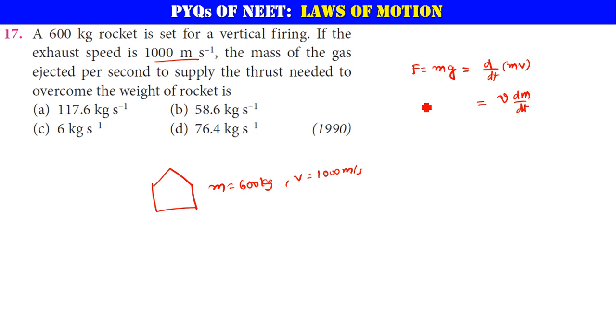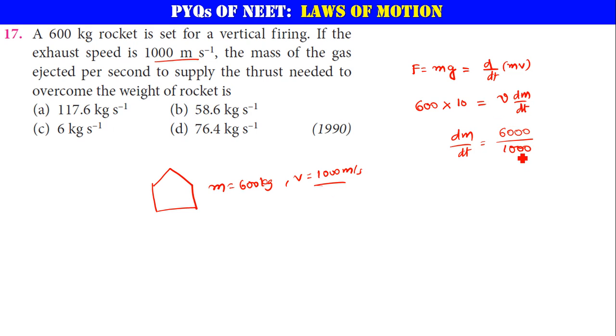Mass is 600 kg. The g value, let us take it as 10. Now he is asking about dm by dt, the mass of the gas ejected per second. So dm by dt is equal to 600 into 10, 6000, divided by the velocity, which is actually 1000.